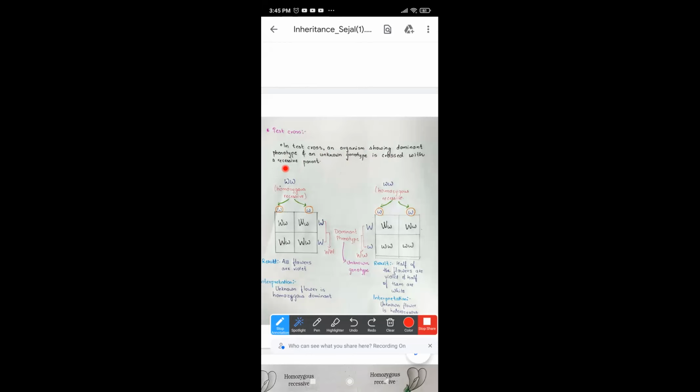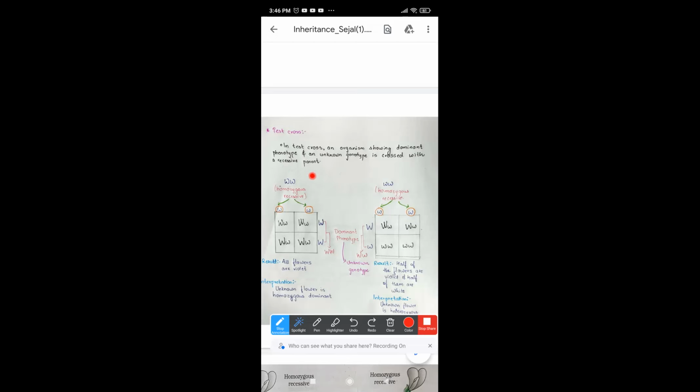We know that the plant is tall, but we don't know whether it is homozygous tall or heterozygous tall. So to identify that genotype, we cross that plant with a recessive. We know recessive means, of course, a homozygous recessive plant or recessive parent.